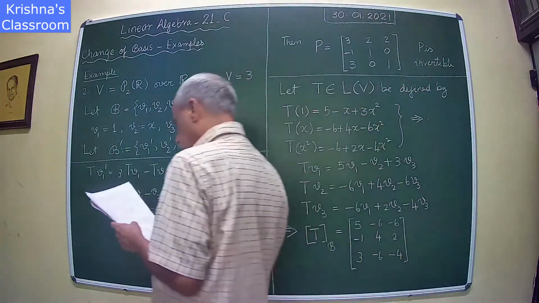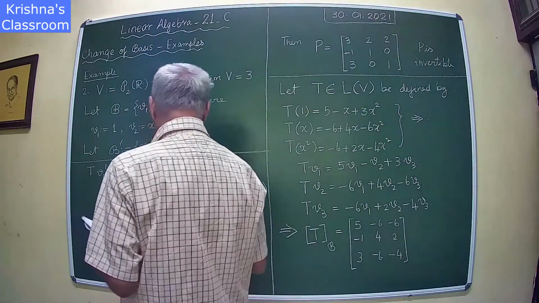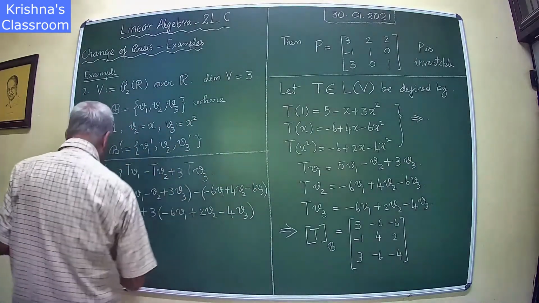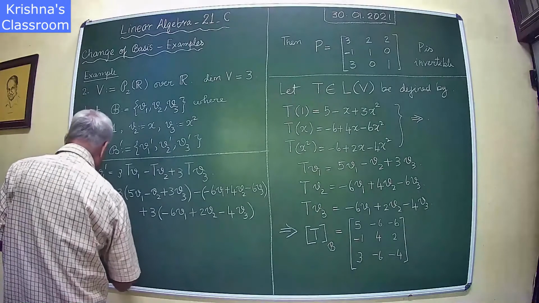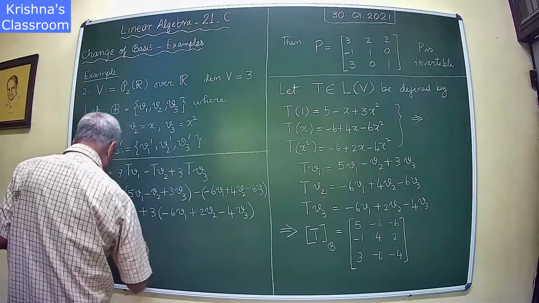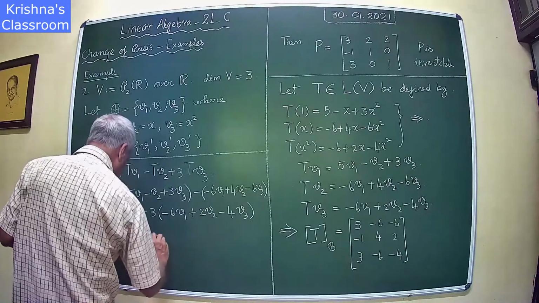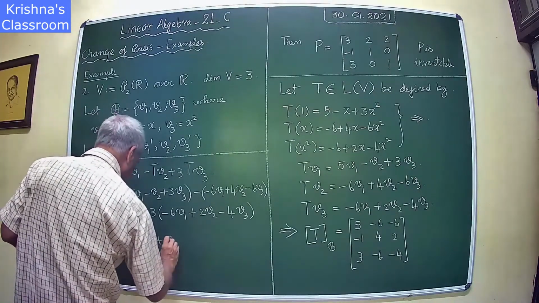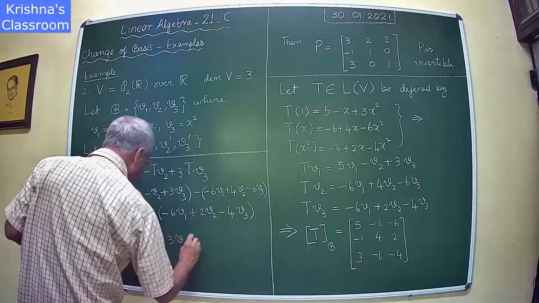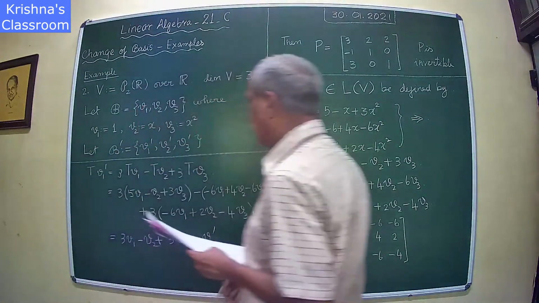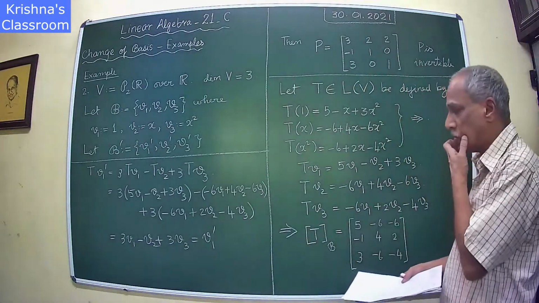And if you simplify the whole thing, this turns out to be simply v1 prime. Therefore, T v1 prime is equal to v1 prime.